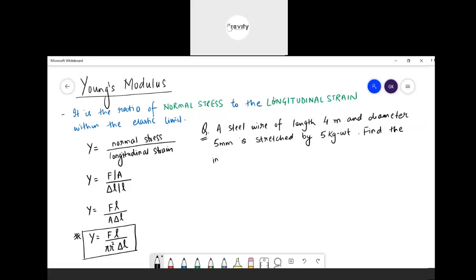Find the increase in its length if the Young's modulus of the wire is 2.4 into 10 raised to the power 12 dyne per centimeter square.